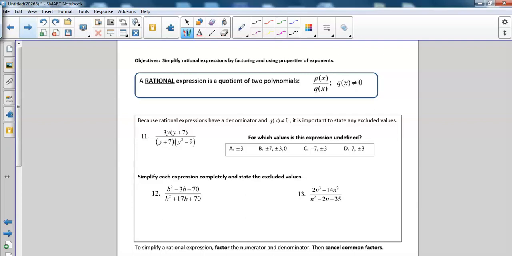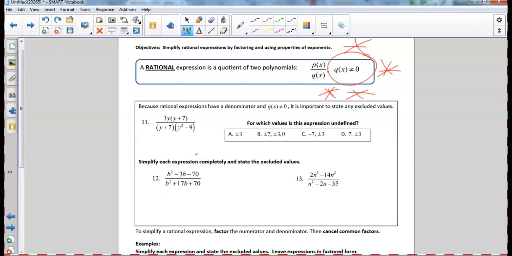Okay, rational expression. This is huge. You cannot divide by 0. If you type in any number divided by 0 in your calculator, you will get an error. So, number 11, we can't have 0 on the bottom, and it says, what can not be on the bottom?